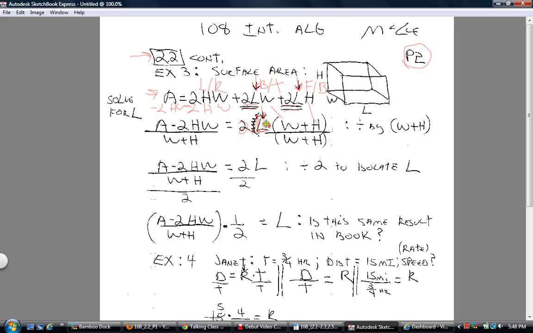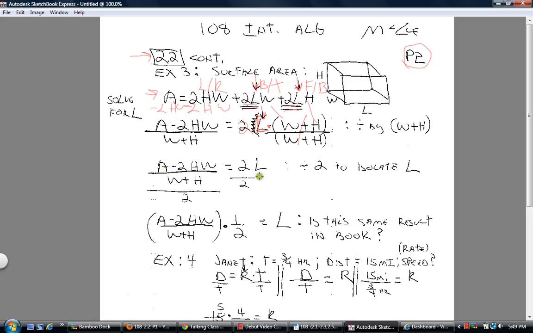And so you get multiplication over here, so I'm going to go ahead and divide both sides by the parentheses W plus H. Now you have to leave everything on the left-hand side the way you see it. Over here these cancel out, and so now you're left with 2L equals the left-hand side.